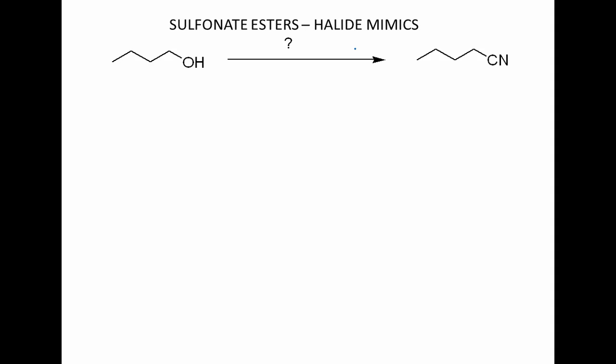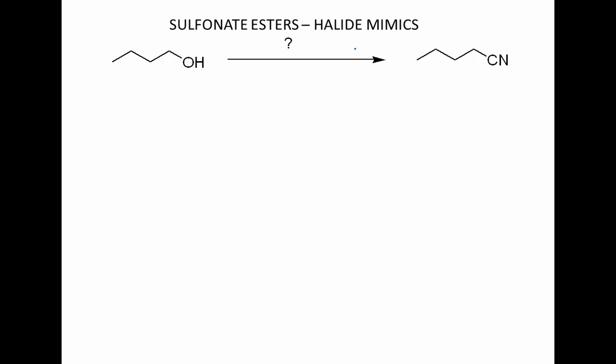Okay, let's look at a common transformation people need to do in organic chemistry, and that's to do a substitution reaction at an alcohol. We can't really do this directly usually because OH minus is not a good leaving group. Okay?